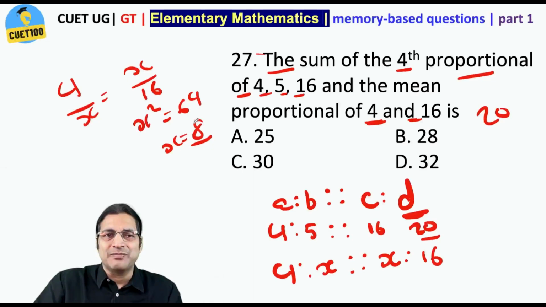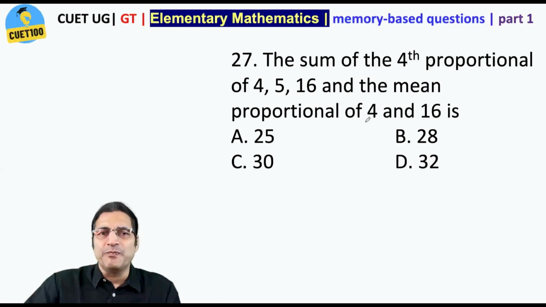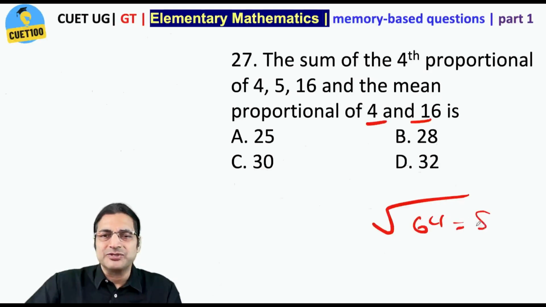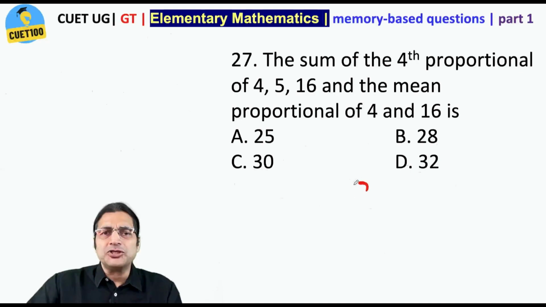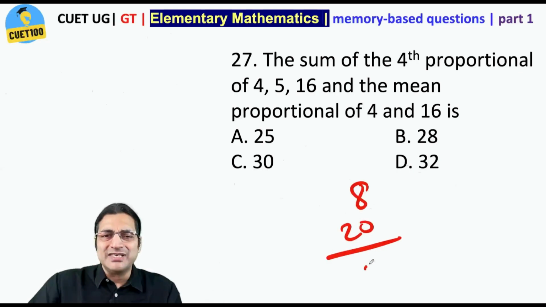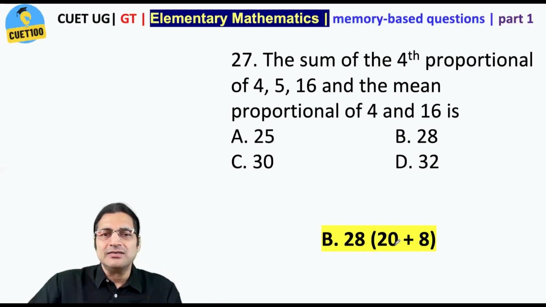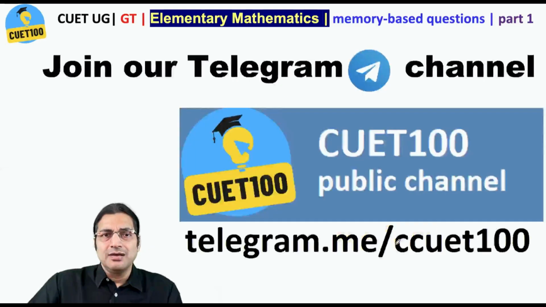Straight away keep one thing in mind, that the moment they ask you mean proportional of 4 and 16, take a square root of the product of the numbers. Alright, that gives you 8. So, mean proportional is 8, fourth proportional is 20, right, their sum is 28. That's your answer. Alright. Okay.